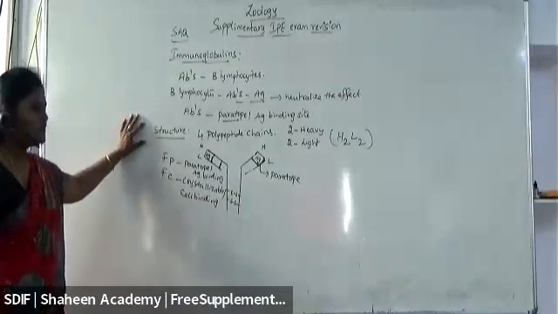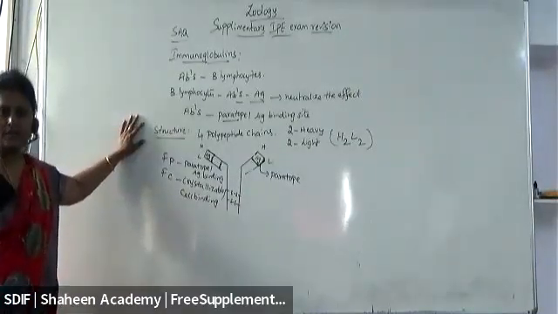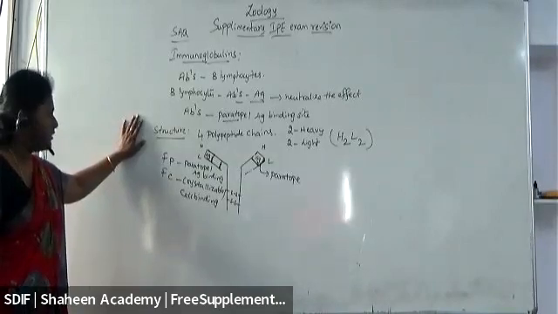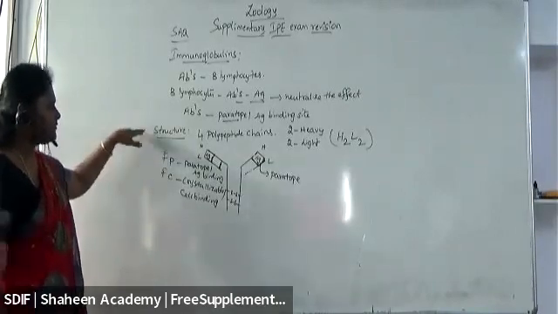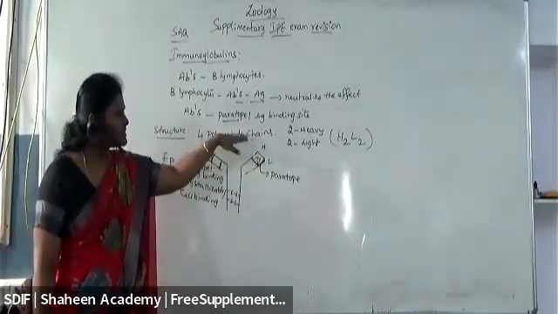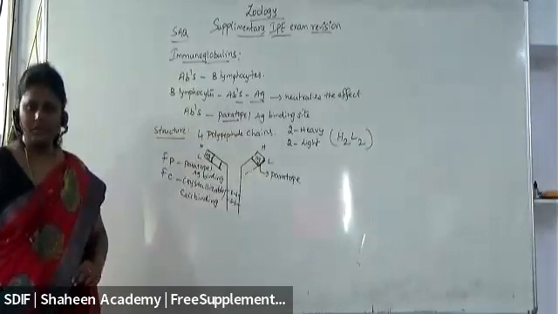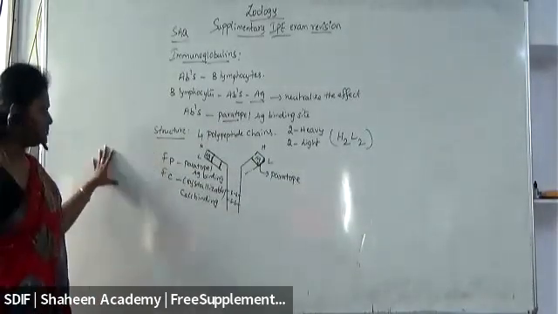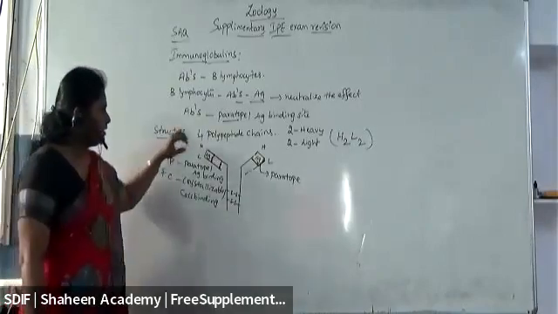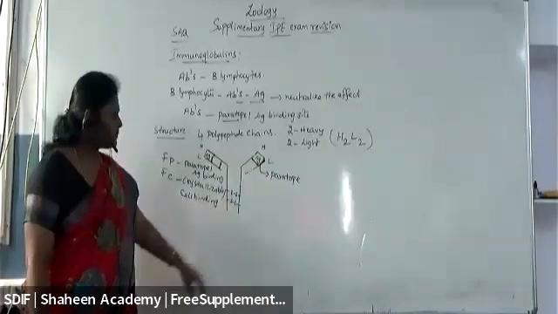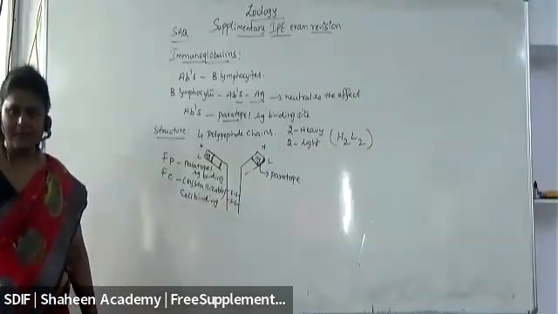So if you consider the structure of the immunoglobulin or antibody, every immunoglobulin is made up of 4 polypeptide chains. In that, 2 are light chains and 2 are heavy chains. So that's why immunoglobulin can be represented as H2L2. Heavy chains and light chains are bound together by disulfide bonds.